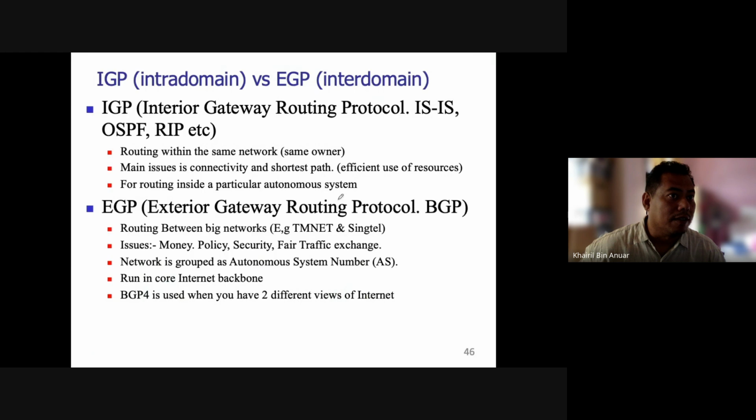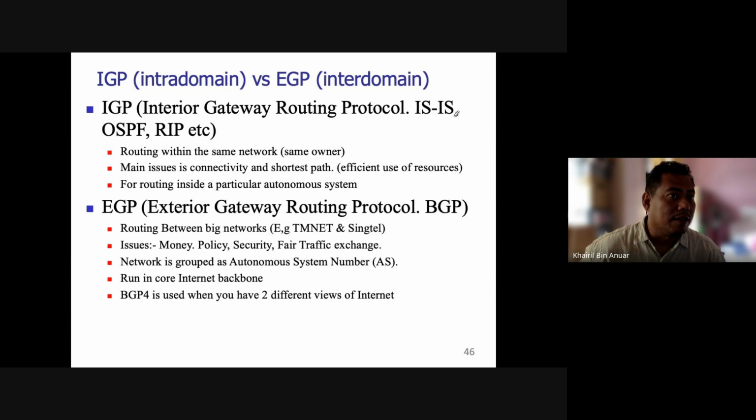Okay, so with respect to that, we have already seen some examples of intra-domain and inter-domain. Intra-domain is shortly known as IGP, and inter-domain is shortly known as EGP. Intra-domain, IGP, is the interior gateway routing protocol.